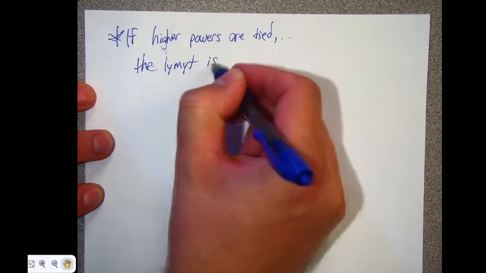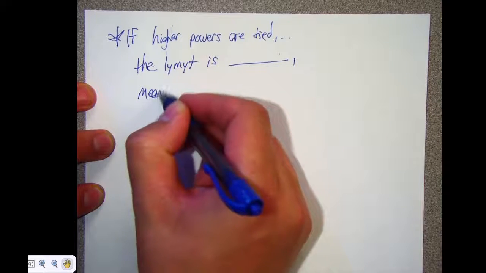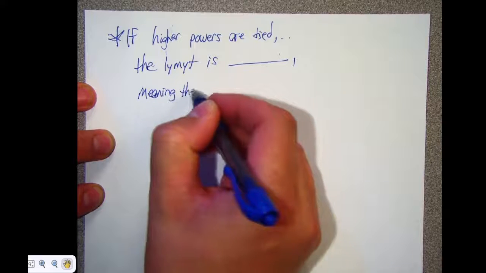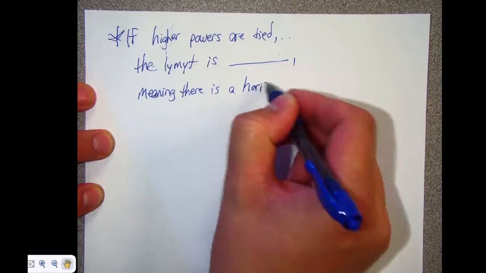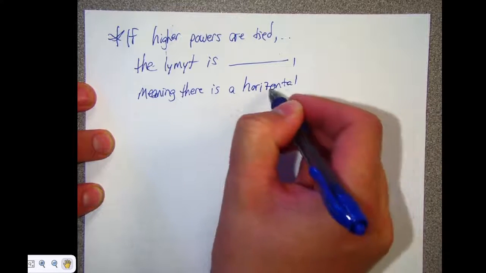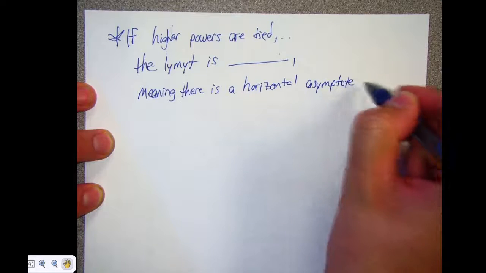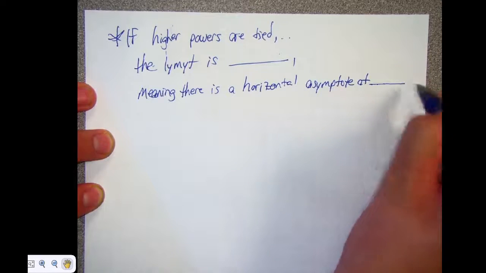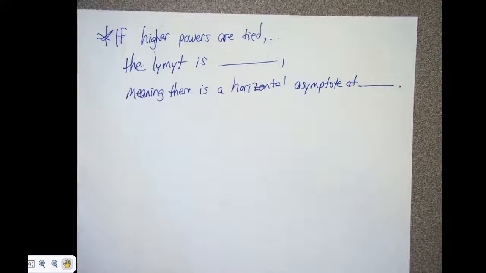The limit is, meaning there is a horizontal asymptote at, and again, I'll show you a couple examples, like how to explain why, and then we'll go back and fill those in.